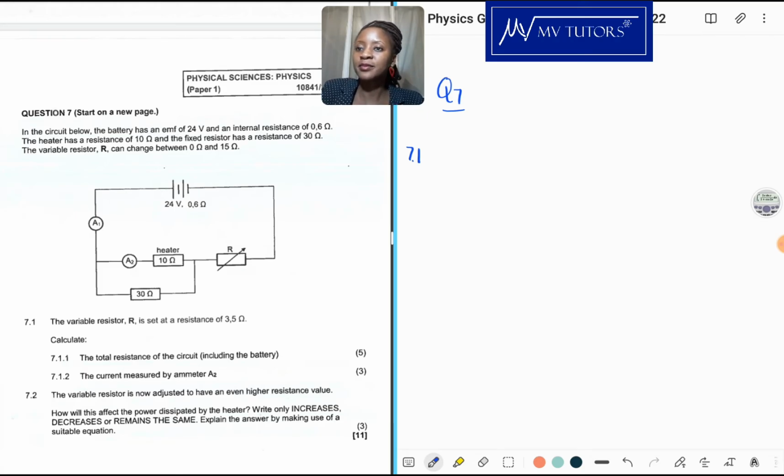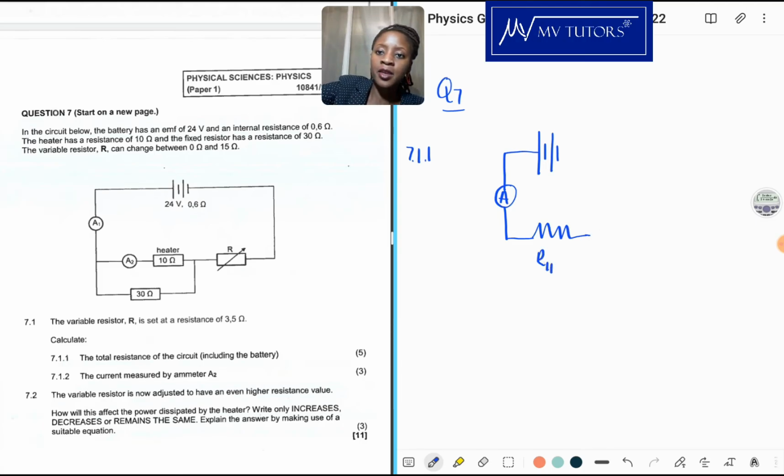So what are we going to do? If we were to just sketch this out ourselves, we have the ammeter there. First of all, the heater and the resistance of 30 ohm are parallel to each other, so I want to get the equivalent parallel resistance.